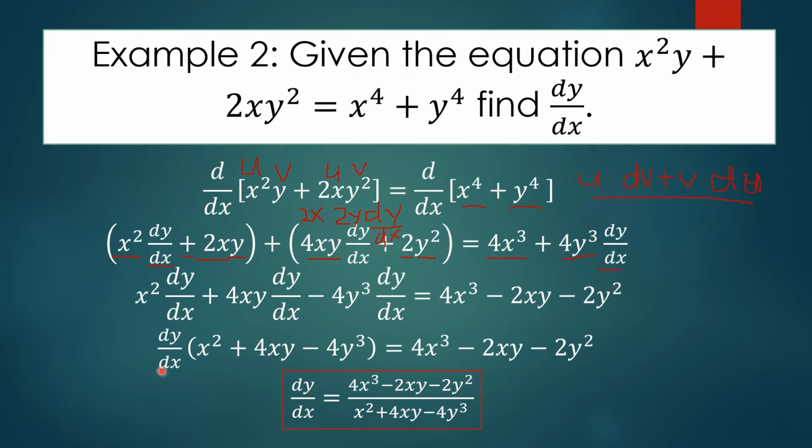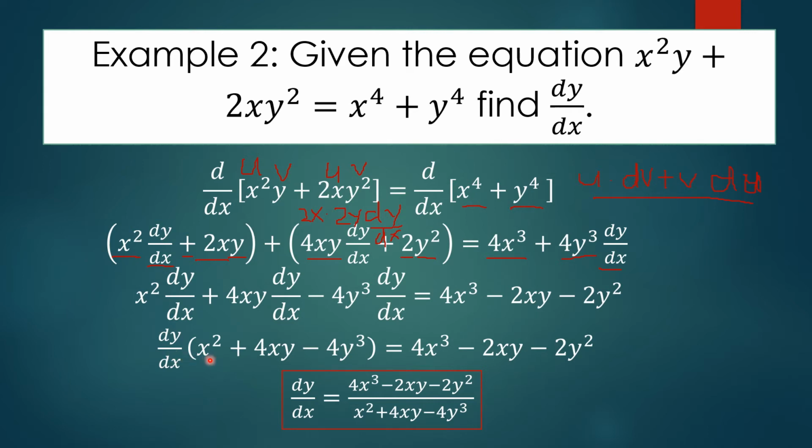Okay? So, ang next is, since mapapansin ninyo dito sa left side, meron silang common factor which is dy over dx. So, let us factor out this term. Okay? So, we have dy over dx times, okay, so we have here x squared dy over dx divided by dy over dx.